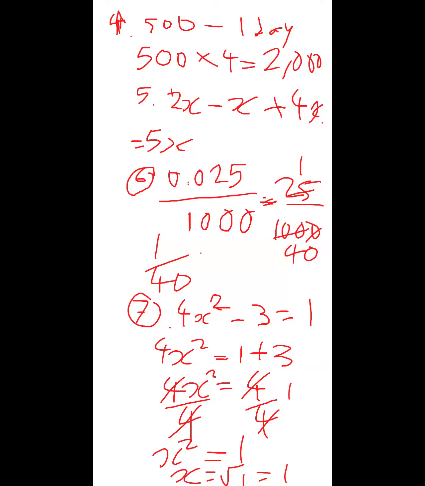Okay. Now, we're not done with the question. The question says, what is the value of 1 minus 2x? So you know what we're going to do now? We're going to say, anywhere we see x, we're going to put the value 1.